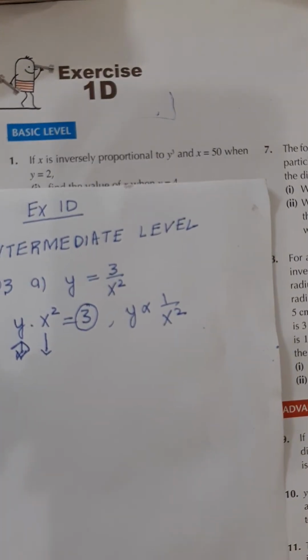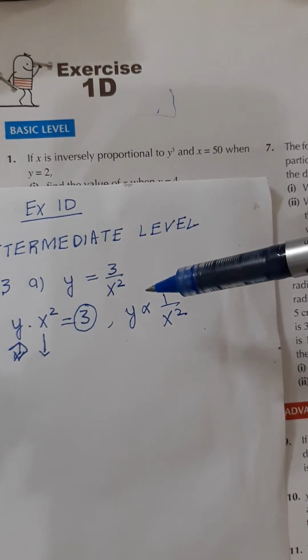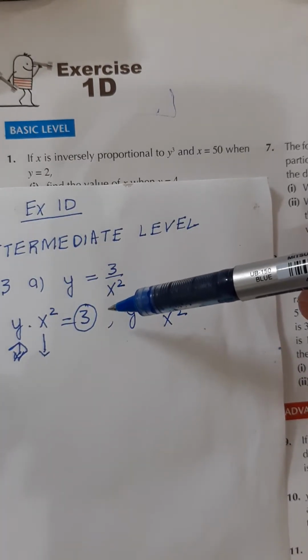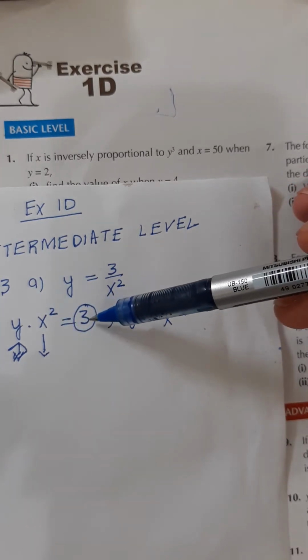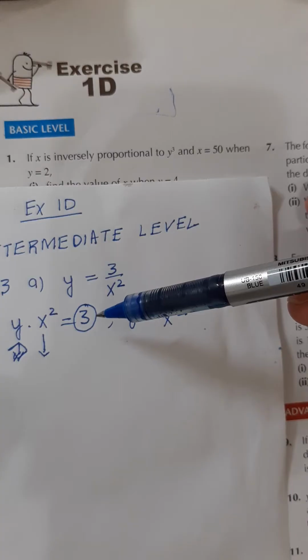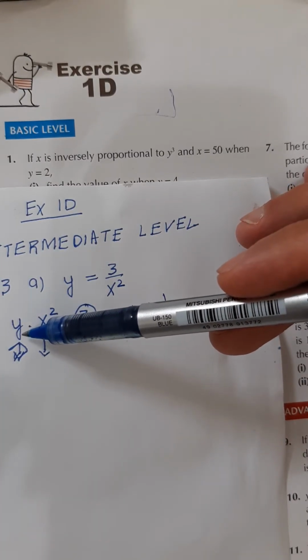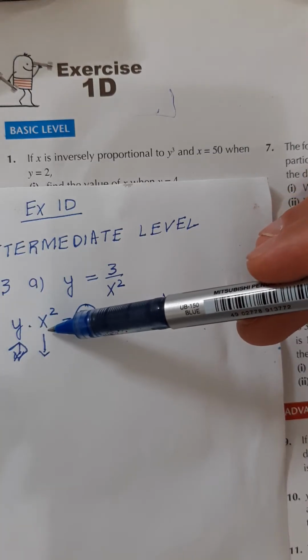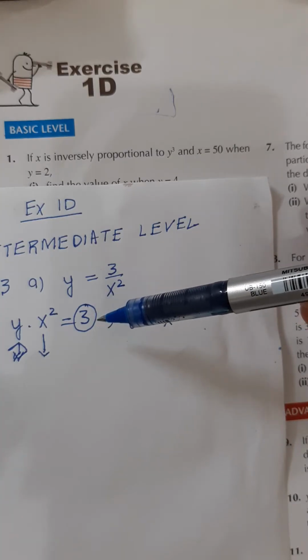Now, here y and x are two variables and they will be inversely proportional if their product is a constant, which means if I increase the value for y, then I have to decrease the value for x, so that my answer will always be equal to 3.